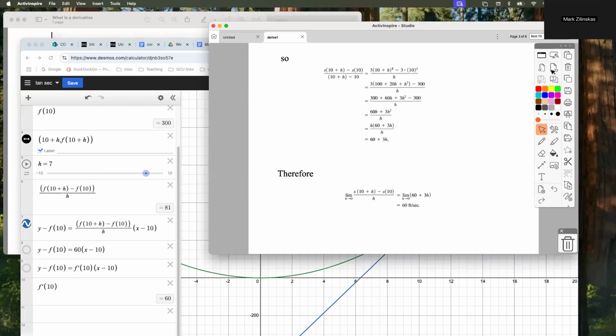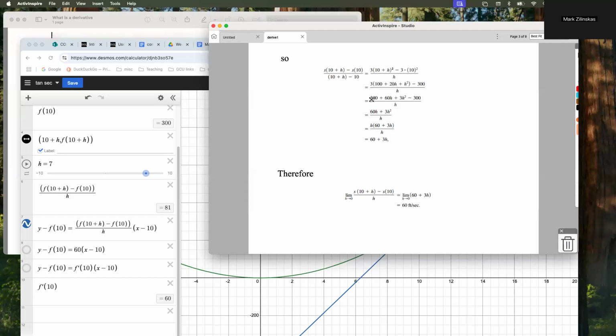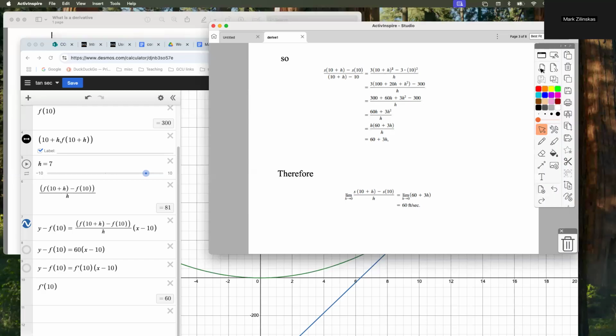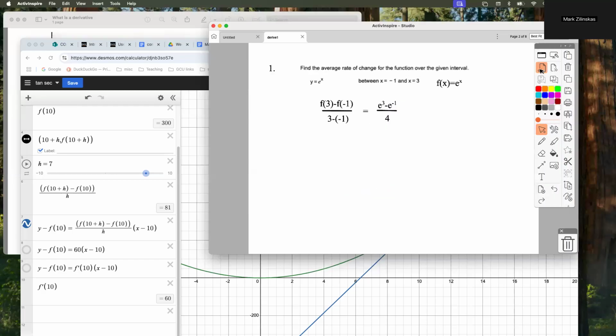Now, what we want to get to here is this idea of, all right, well, what about a function here that has 3x squared? Okay, so I probably should have put that in here. Let me see.